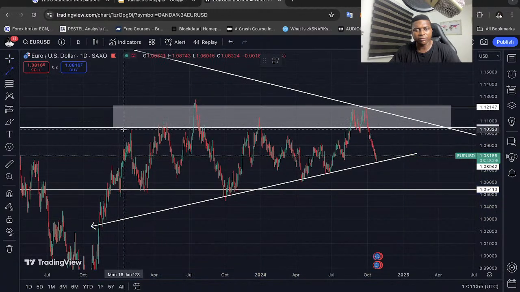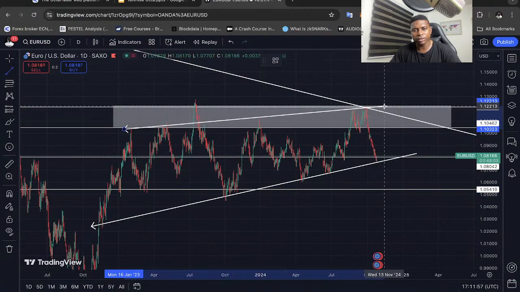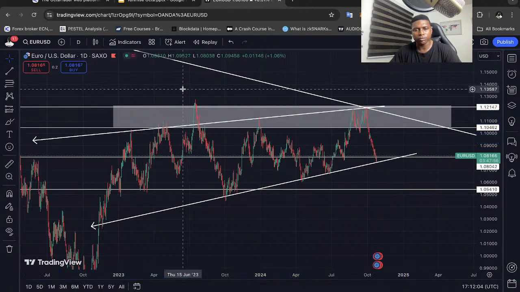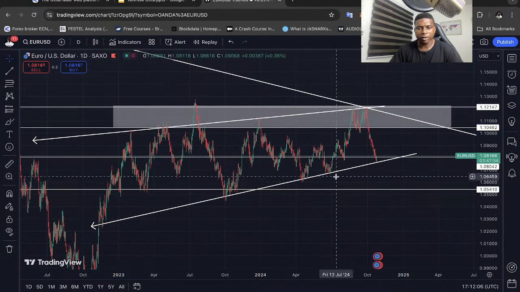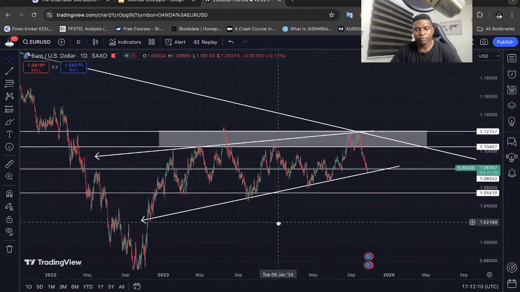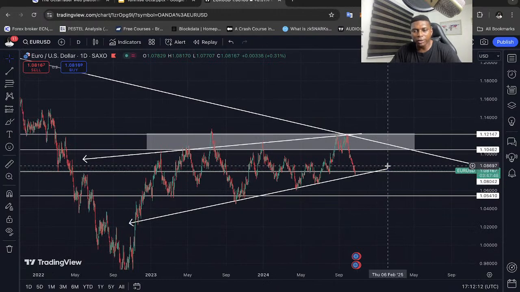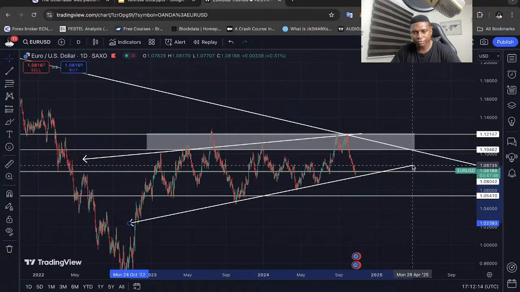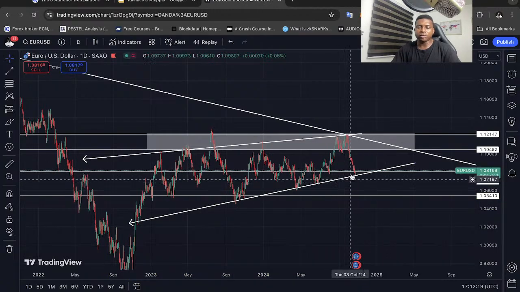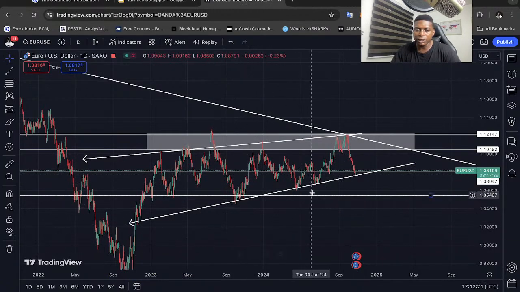Do we have any trend line here? So from what we can see here, there are two things, like I said earlier, that we can be expecting.